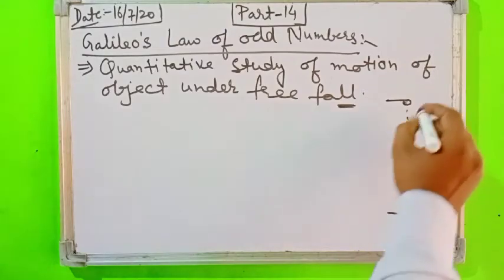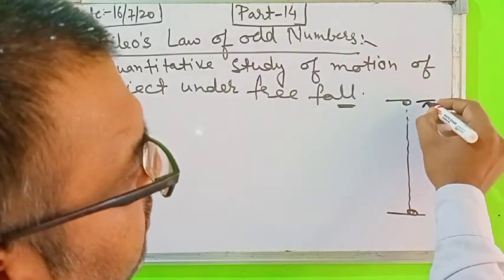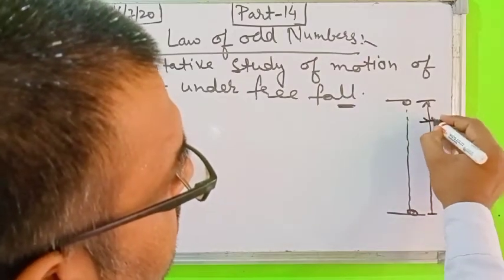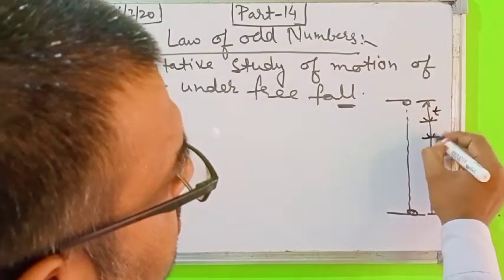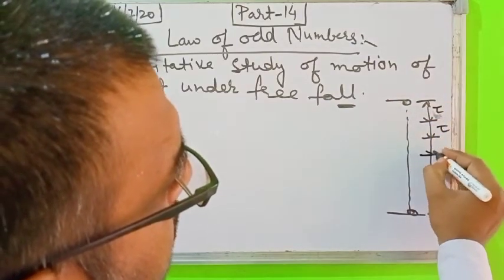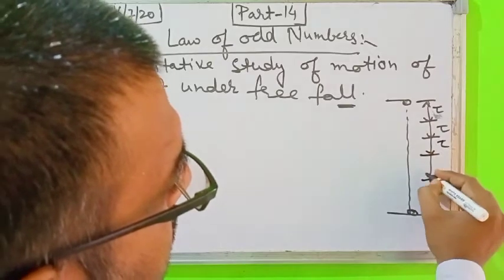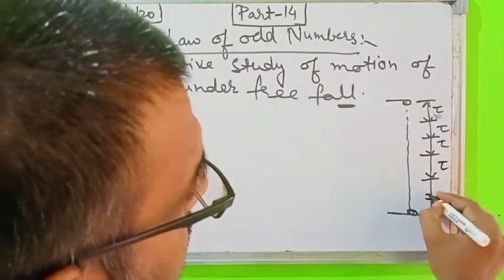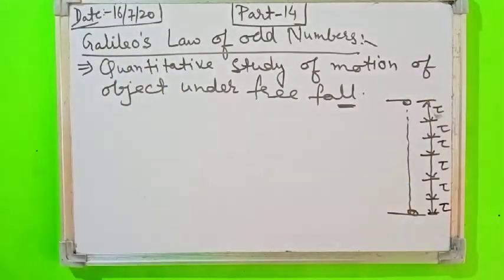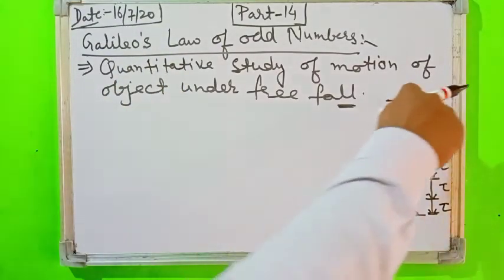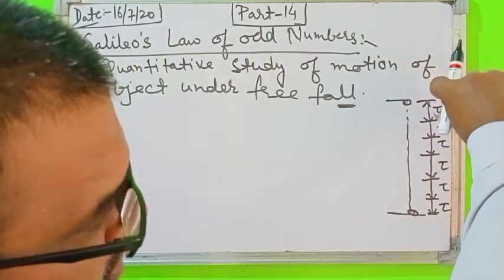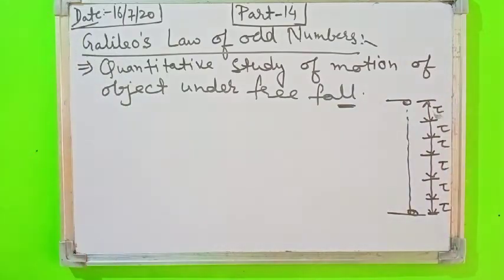If we divide this time interval into successive intervals, each tau, we have divided the total time of fall of the ball from the top of the building to the ground into equal time intervals of tau.